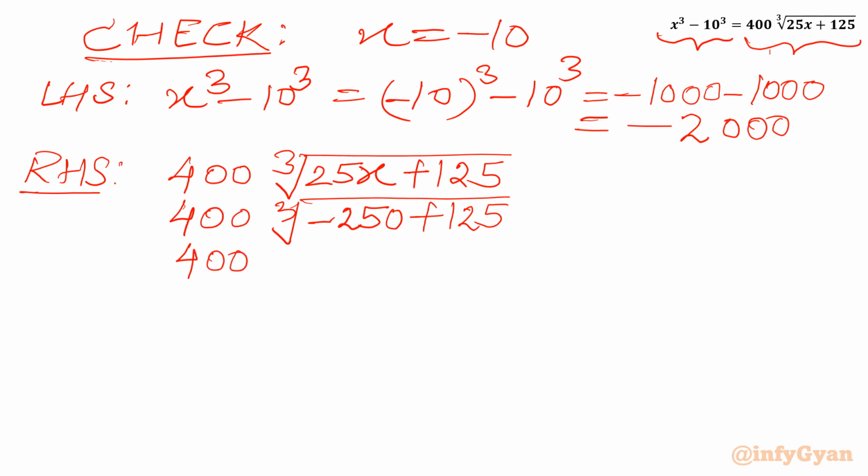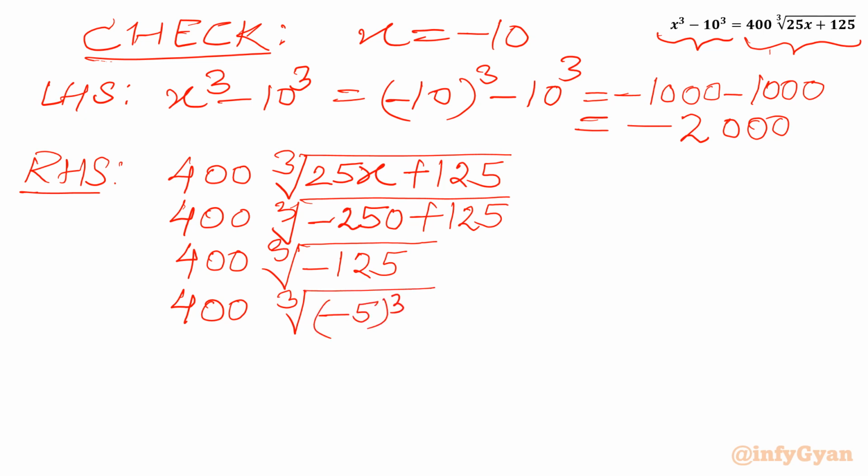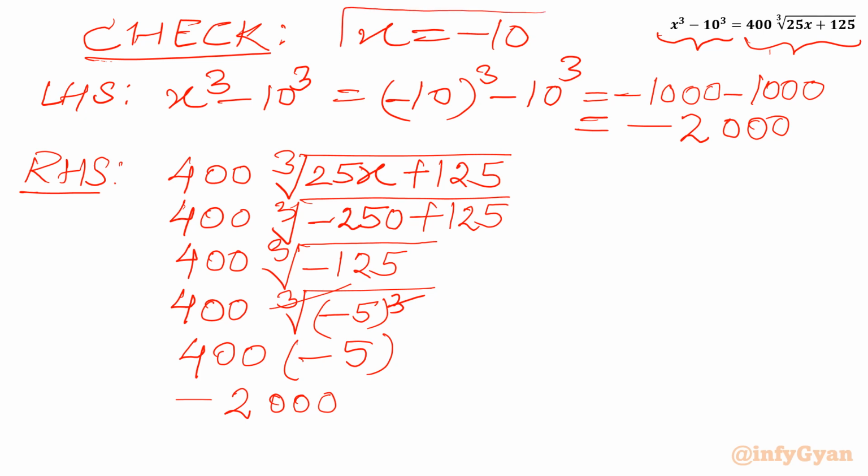I will write 400 times cube root of minus 125. Then we can write 400 times cube root of minus 125 is (minus 5)³. Now cube root and cube will cancel. We will write 400 times minus 5, which will give us minus 2000. So our solution x equal to minus 10 is a true and verified solution.